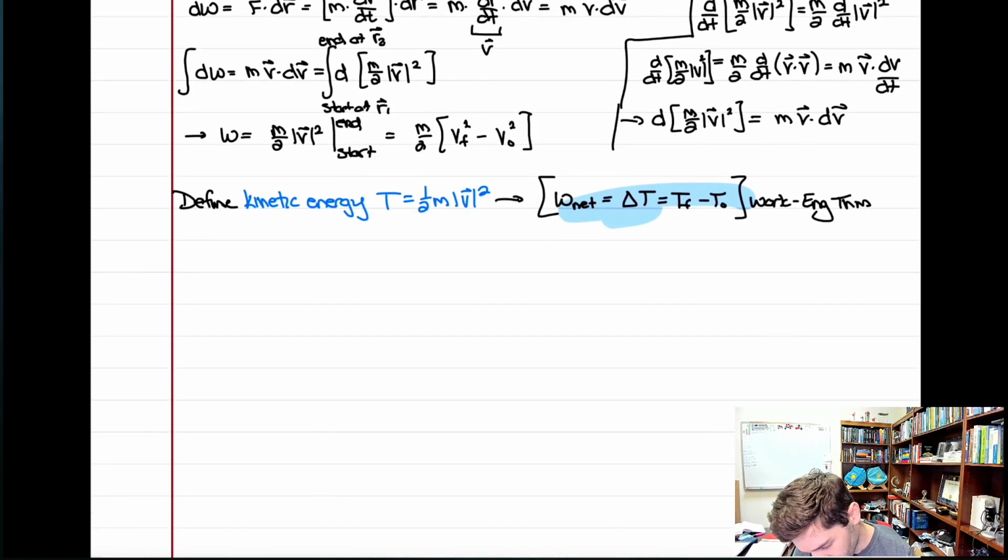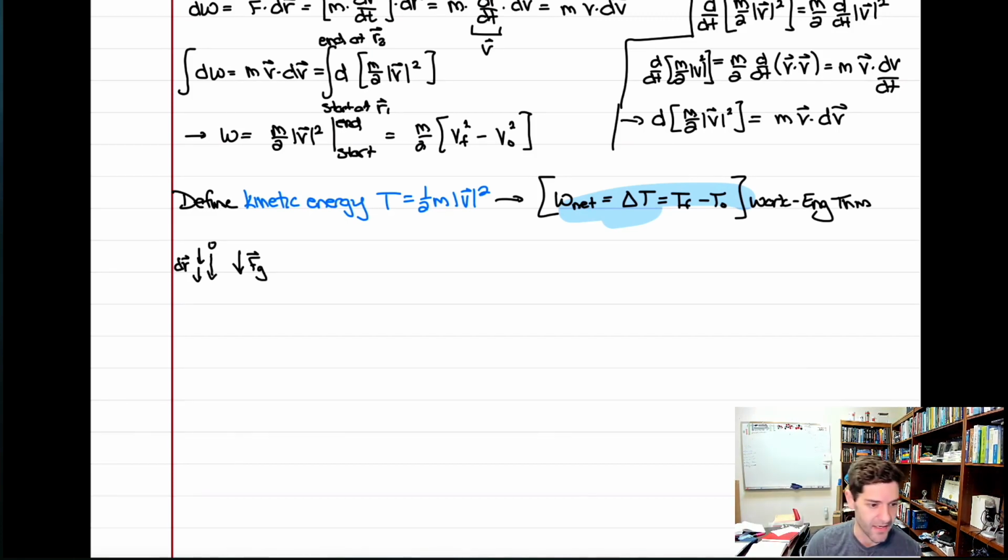And we could take some examples. Let's just take an example of I drop a ball and it falls straight down. Well, there's a gravitational force that's pointing straight down. So if I think of the path that the ball is taking, all the little steps it's taking are also pointing downward.